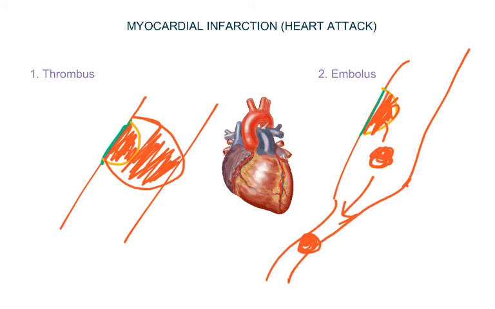When either of this happens, whether it is thrombosis or an embolism, the blood supply is completely cut off to a particular part of the heart. So now that particular part of the heart will permanently die due to hypoxia. And this is called a heart attack or myocardial infarction.